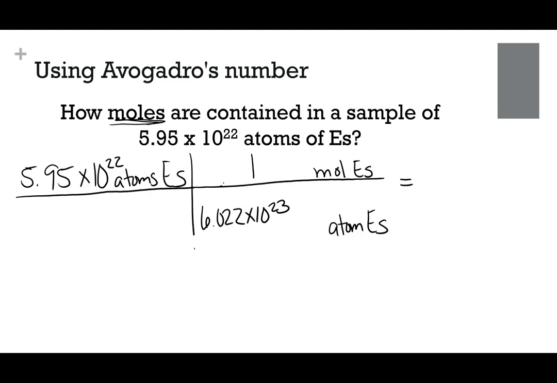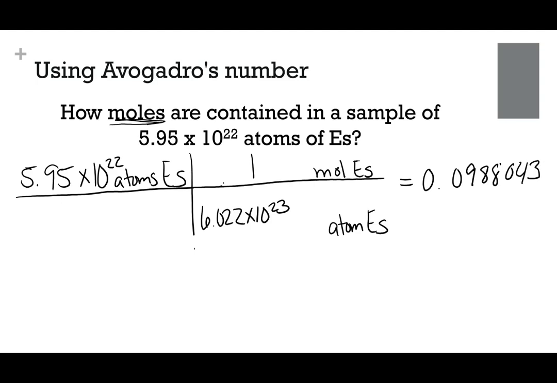So 5.95 times 10 to the 22nd times 1 divided by 6.022 times 10 to the 23rd. And I get 0.0988804, and so on.